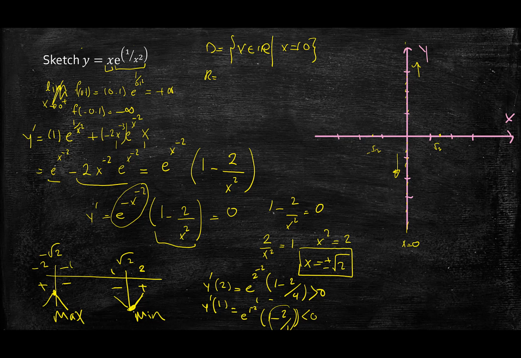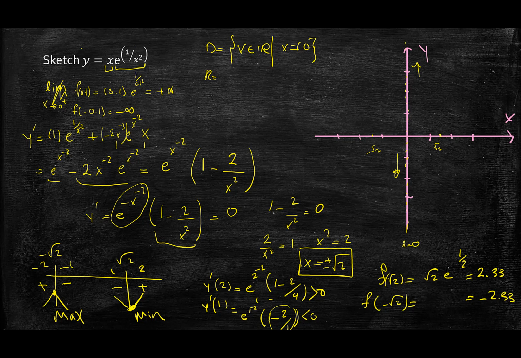Now what I want to do is find the coordinates of my minimum and maximum, so I'm going to substitute into the original function f of x my x values of root 2 and negative root 2. So I would have root 2 times e to the 1 over 2. That will give me 2.33, and then it will give me negative 2.33 here.